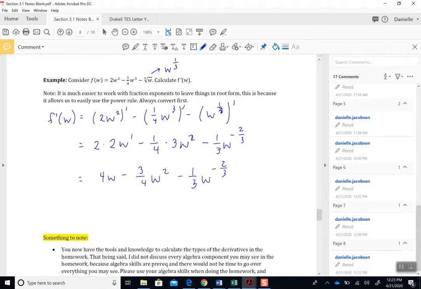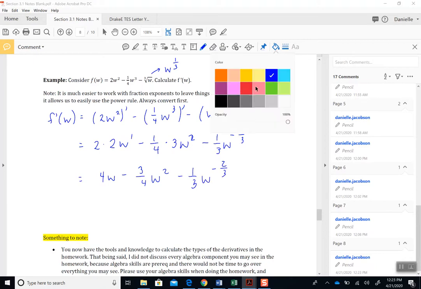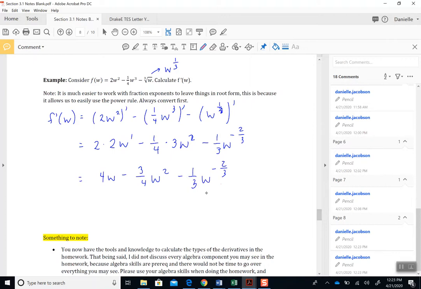Keep in mind, like I said in the previous video, the book will absolutely make you simplify this part. You do not have to do this for me, but what you would have to do book-wise is change this into 1/3 times w to the 2/3. Then you'd have to change this bottom piece into 1/3 times the cubed root, since 3 is in the denominator, of w squared, and then I think they make you rationalize too, I'm not sure, but I think you get the idea.